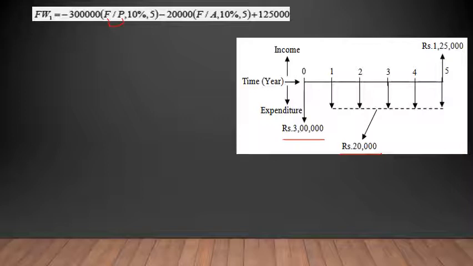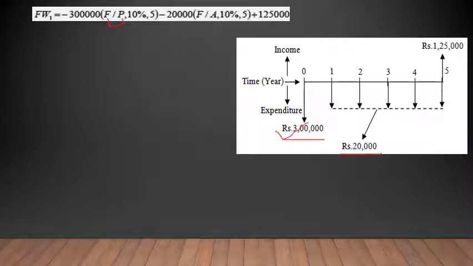So I am converting this 3 lakh to a compounded sum at the end of year 5. In the present worth, we were calculating the discounted amount. In future worth, we calculate the compounded amount. That's all the difference between present worth and future worth comparison of alternatives. So 3 lakh is over.